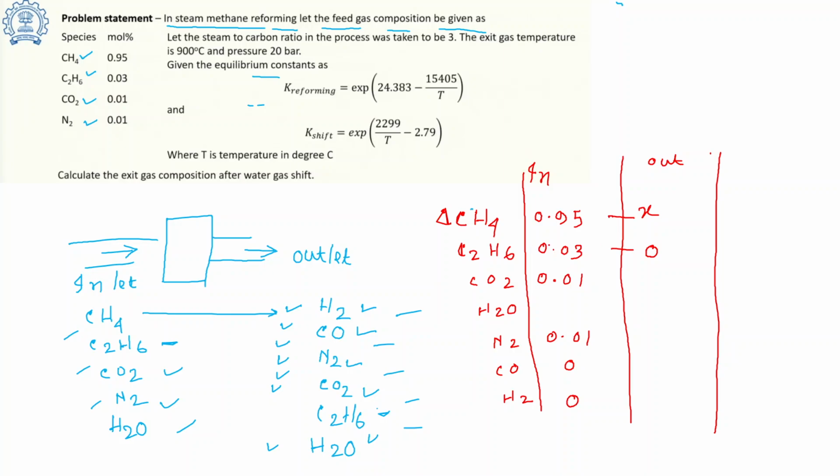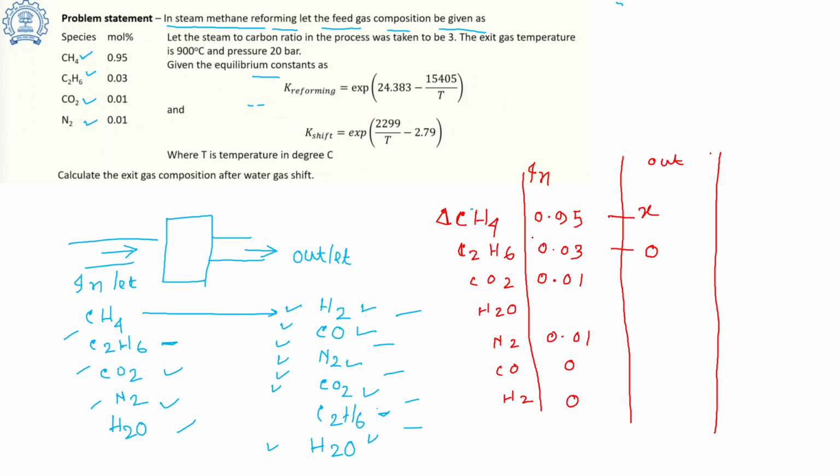Why have I taken outlet ethane as 0? It means the higher hydrocarbon will be 0, because the steam methane reforming process occurs above 700 degrees centigrade, but higher hydrocarbon always breaks around 400 to 500 degrees centigrade, or some pre-reforming process is done before the SMR reactions.